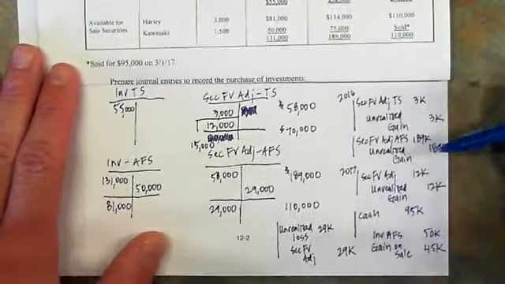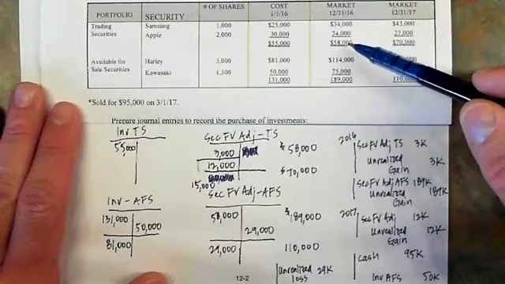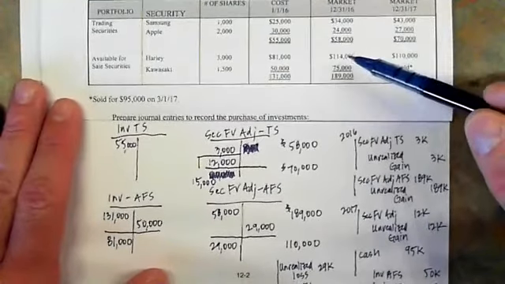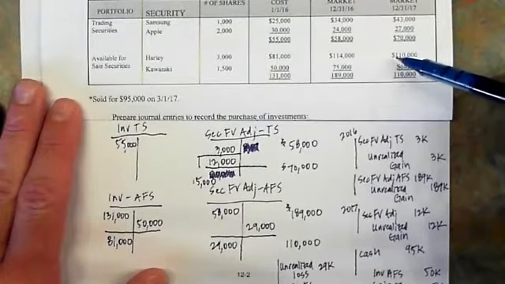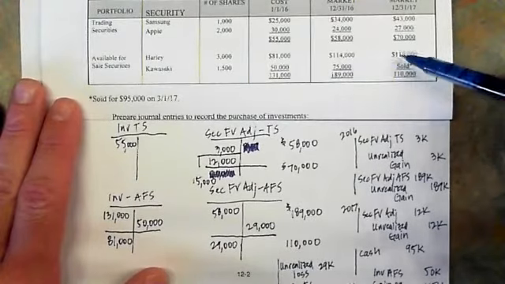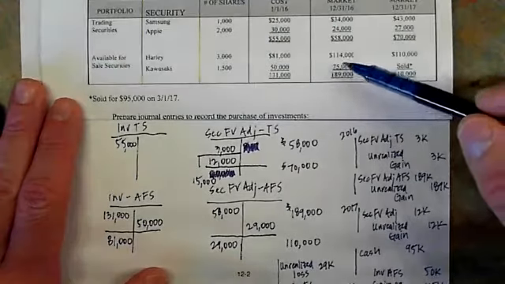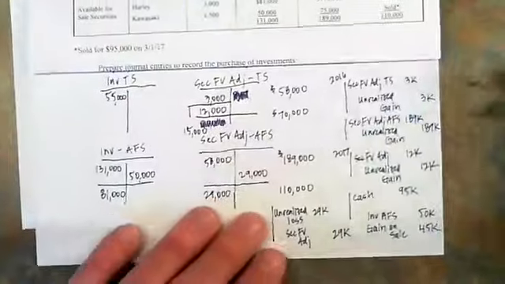We recognized a $12,000 gain. That made sense because my portfolio swung from 58 up to 70. Well, we did have a $4,000 loss in Harley, but Kawasaki had already a $25,000 gain that was in my OCI account.